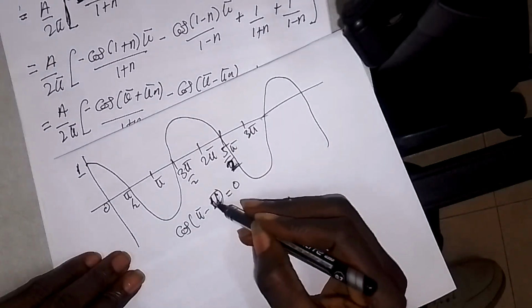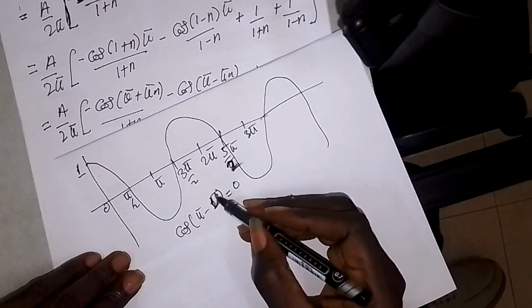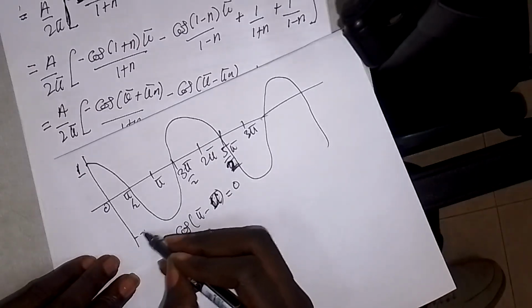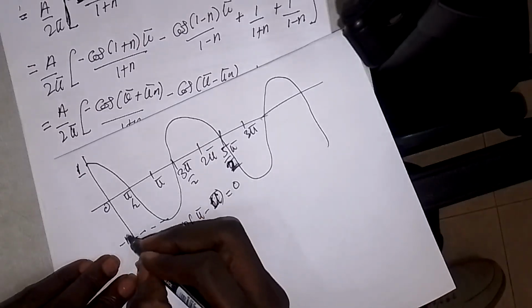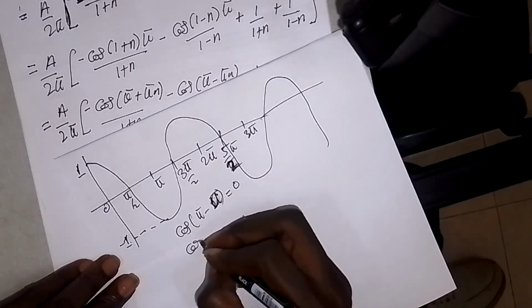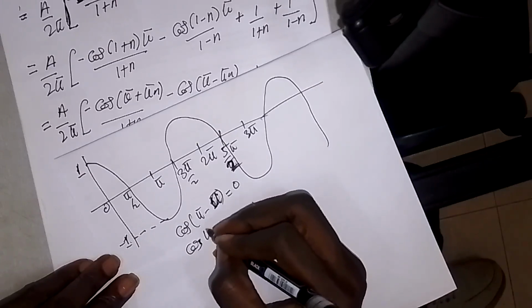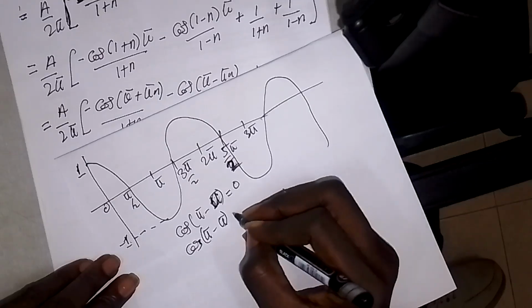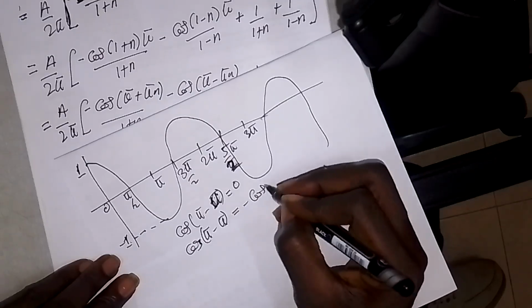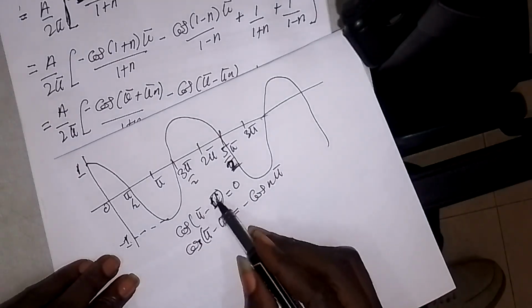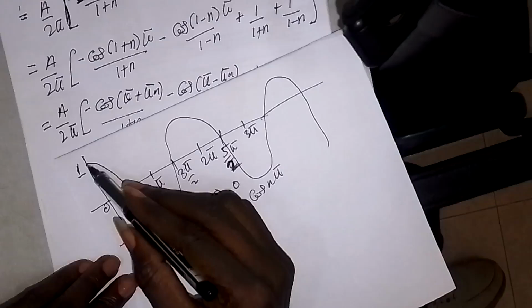Now let's look for cos(π + nπ) and cos(π − nπ). Here the n is 1, and cos π in itself is minus 1. So that means cos(π − nπ) is equal to negative cos nπ, because π minus π is 0, so cos 0 is 1.